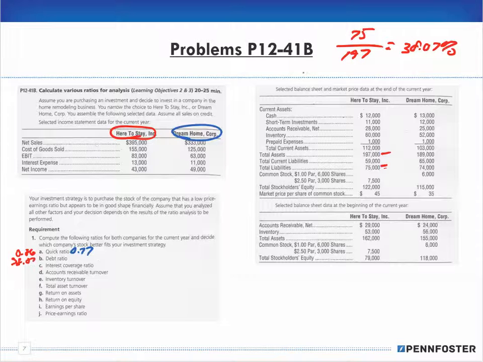And for Dream Home, that's going to be the 74 and 189. So 74 over 189 is 39.15%. Right, I'm going to erase this, so pause the video.